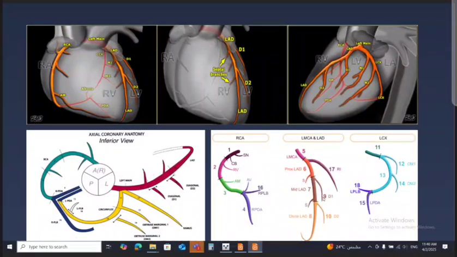large diagonal branch. For the left circumflex artery, its proximal segment is assigned number 11, the first OM number 12, the mid or distal part of the left circumflex artery is assigned 13, and the second OM branch 14.